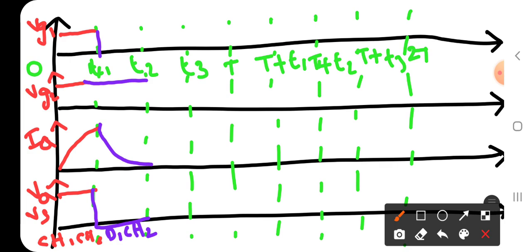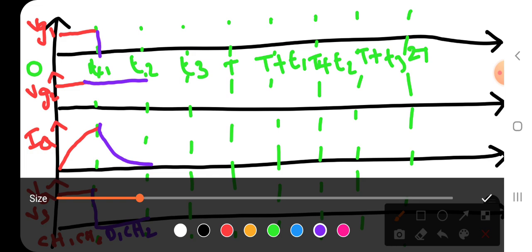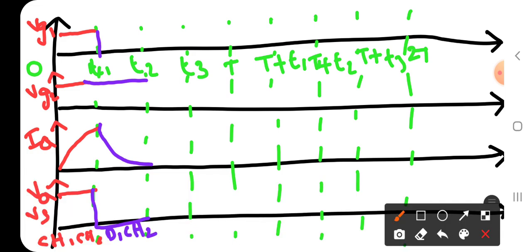Okay, so here the current is 0, in the sense that again I turn on the CH1. Therefore here CH1, CH2 are on. It continues.